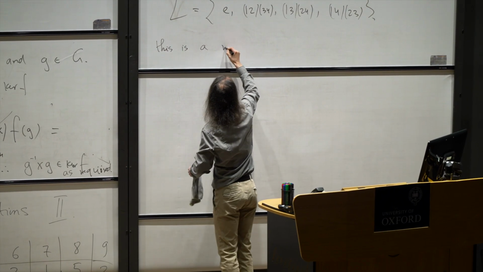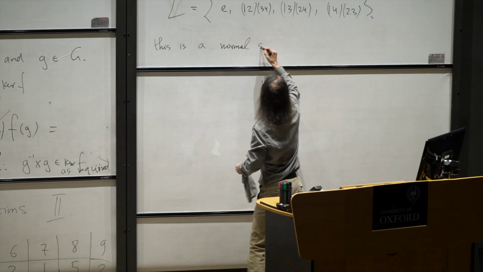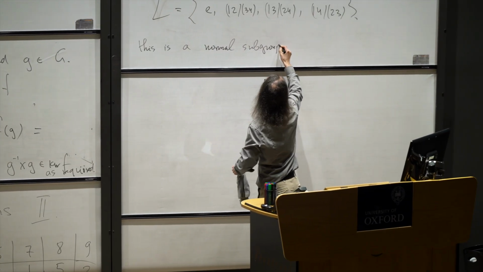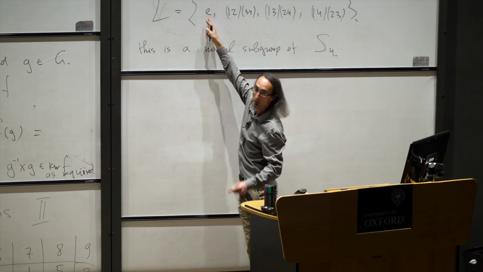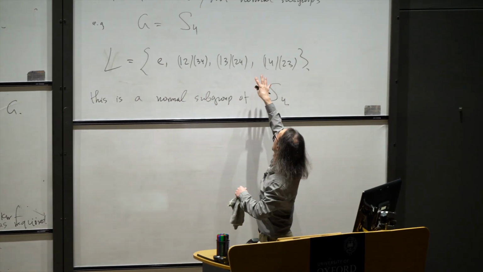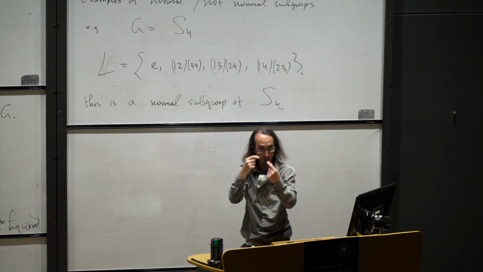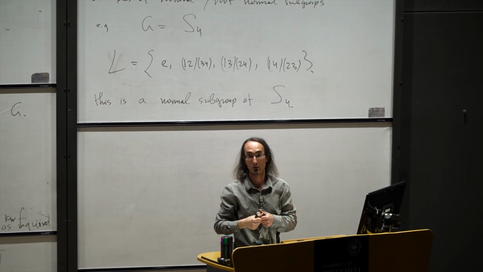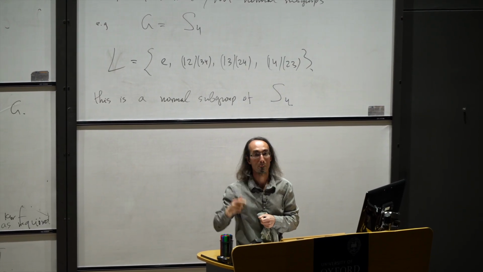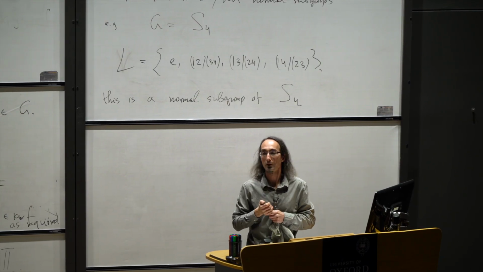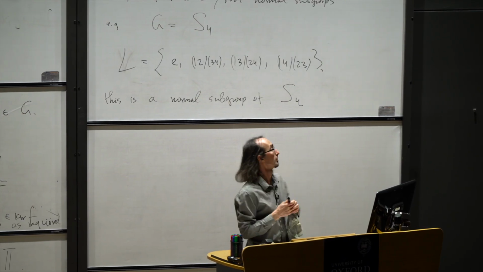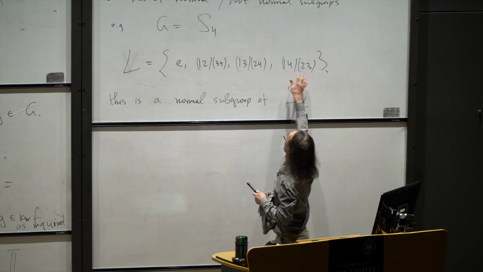In fact, a normal subgroup. Right? Why is it normal? Well, because it contains the identity, which is one conjugacy class, and the other 3 elements are the conjugacy class of double transpositions. Yeah, we proved that conjugacy classes in symmetric groups are characterized by cycle type. So these are all the elements which are of cycle type 2, 2.